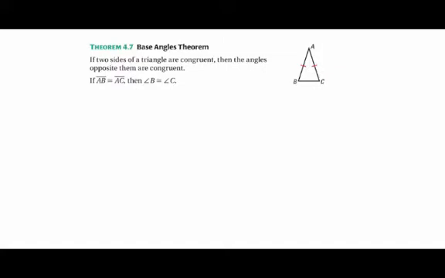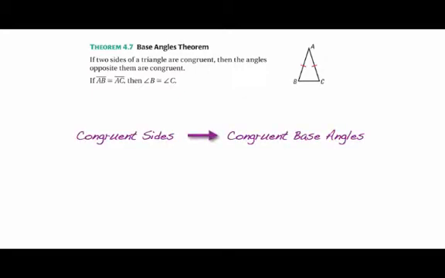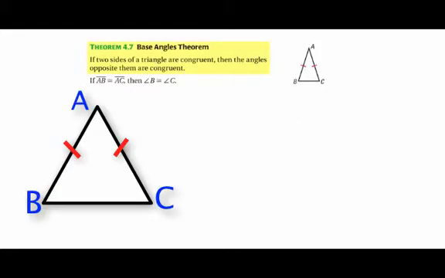So our first theorem that we're going to look at is going to be our base angles theorem. Basically what this says is if you have two congruent sides of a triangle, for example you have an isosceles triangle, then we know that the angles opposite those congruent sides are going to be congruent themselves. So here we have side AB is congruent to side AC.